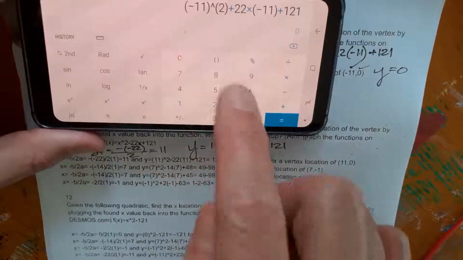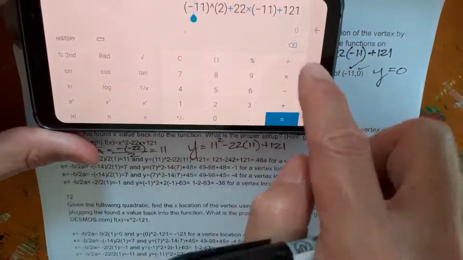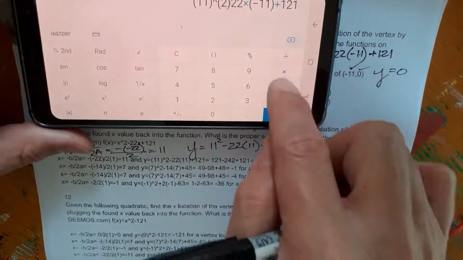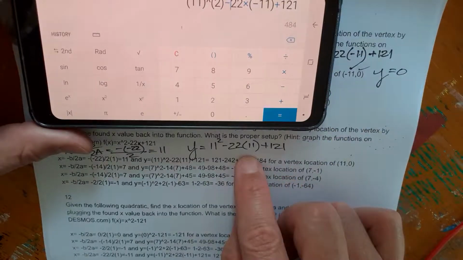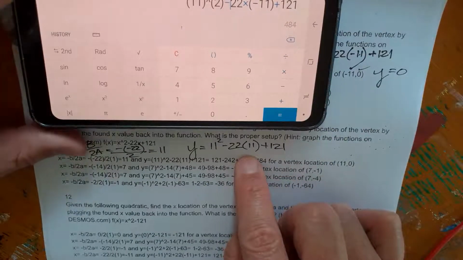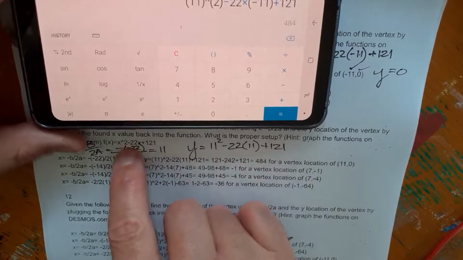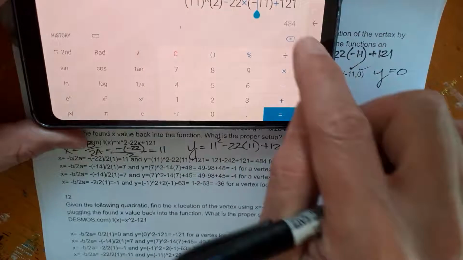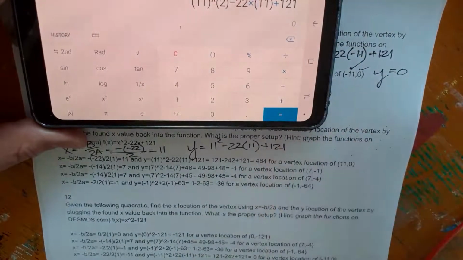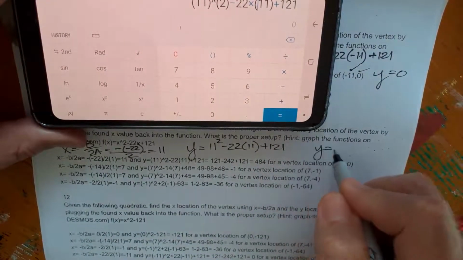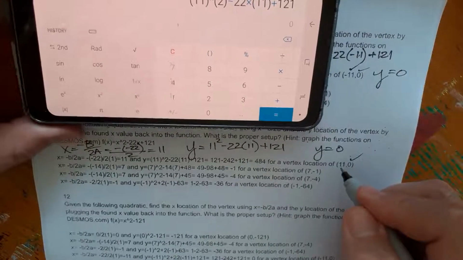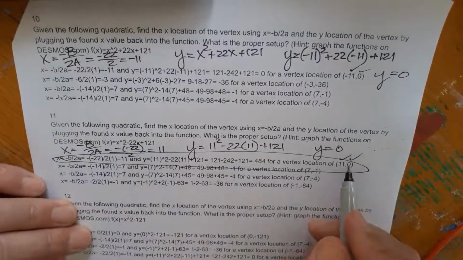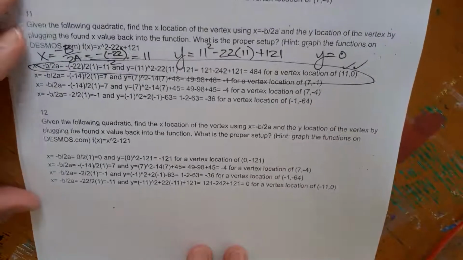Minus a positive 11 plus 121. Ha! Y equals 0 again. I love that. That's cool. So we had x equal to 11 and y equal to 0. One more.